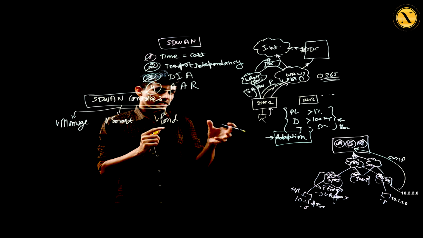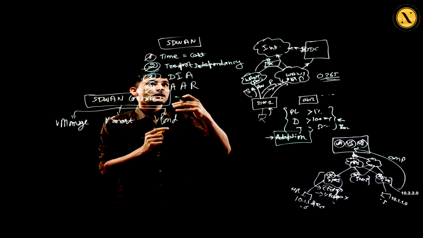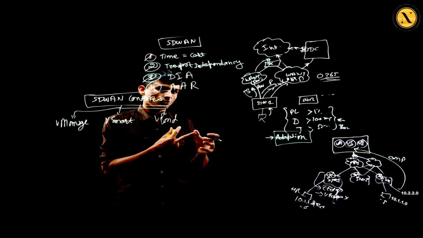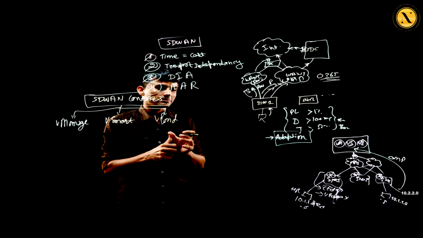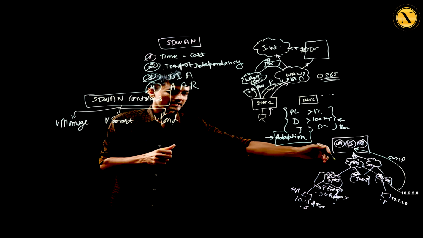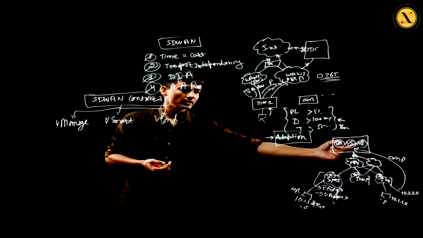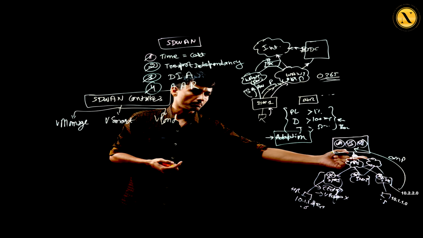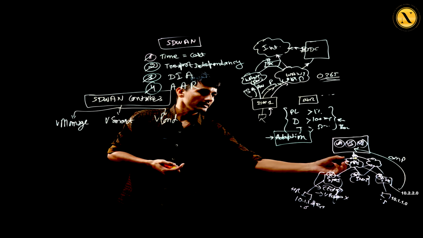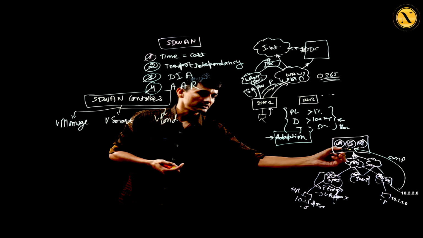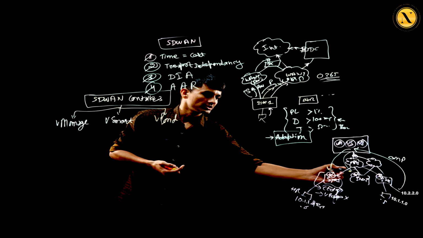So in maybe a future lecture, I'll explain what overlays, what underlays, what fabric is. Alright, so this is my SD-WAN fabric, where my underlay is all these reachability options, the overlay is OMP, the proprietary protocol, and then this is given to vSmart, and then vSmart gives those routes here. So this is the function.